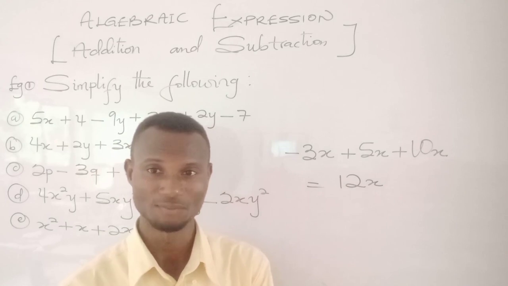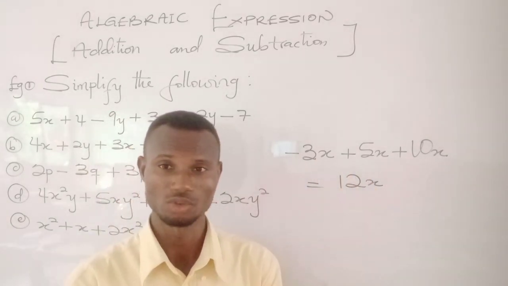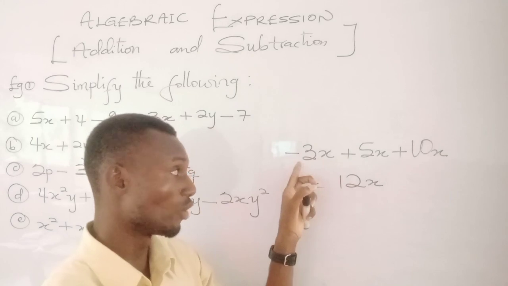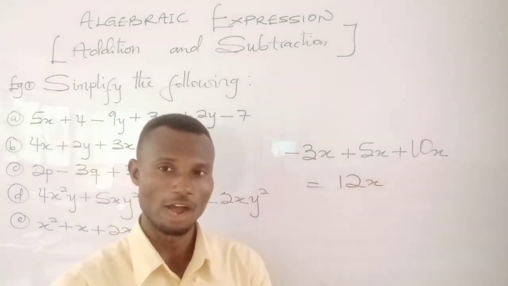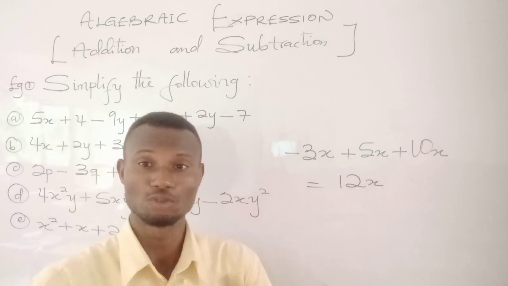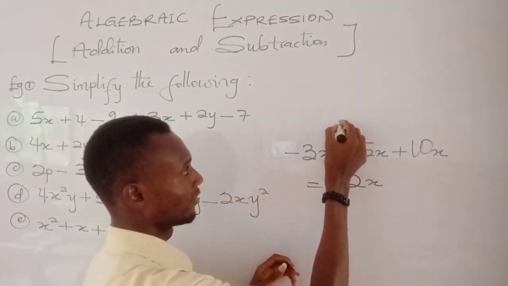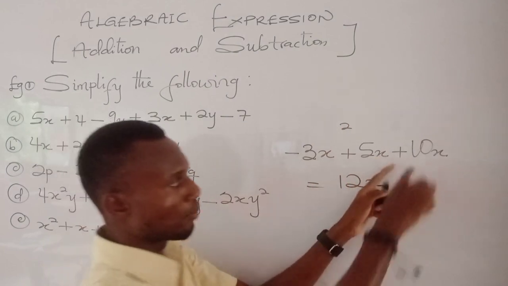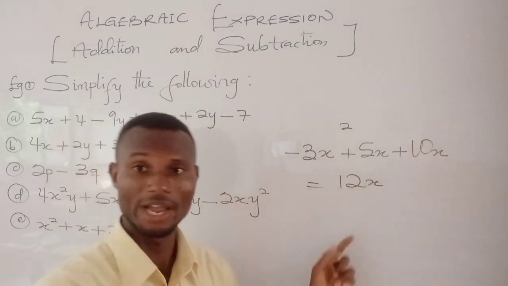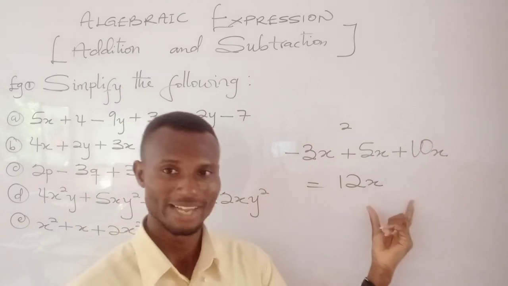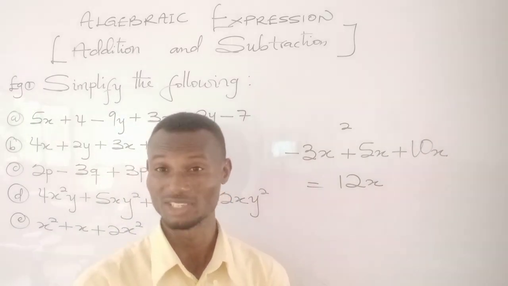I will not be owing. Minus 3 plus 5 gives positive 2. And that positive 2 plus the 10 here gives positive 12. That's why we are having 12x. I hope the explanation is clear enough up to this point.